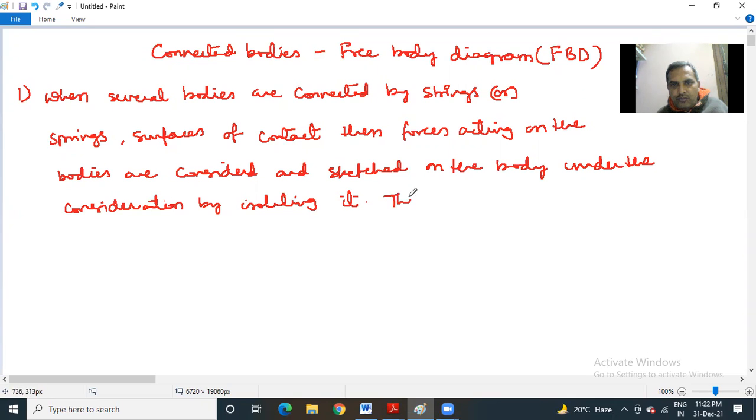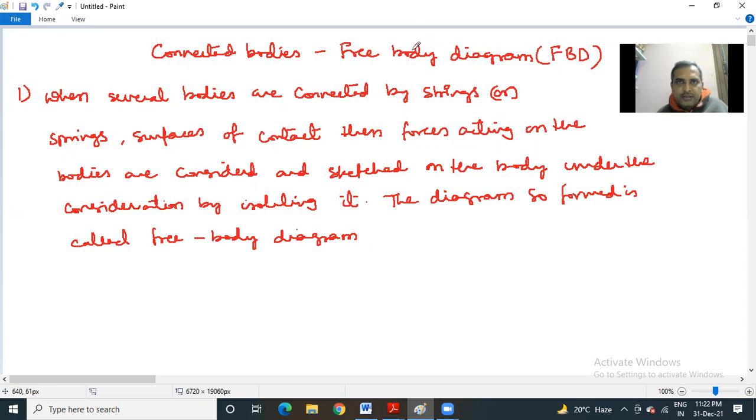The diagram so formed is called a free body diagram. So this is the first point. Now let us move to the second point.